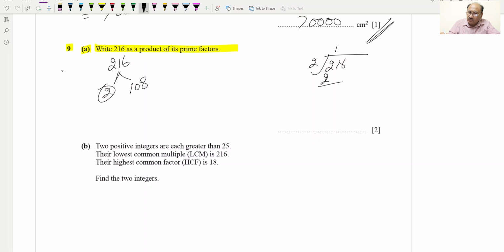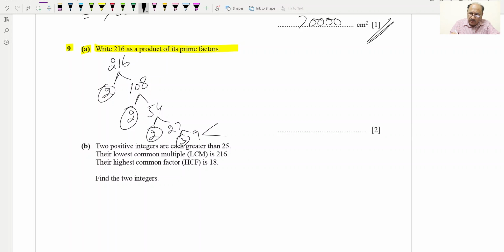This is the working which we have done mentally. Then we can divide by 2 again: 2 5s are 10, 2 4s are 8, and then again by 2, and this will be 27, then 3 and 9, and then 9 we can split into 3 and 3, and that's all.